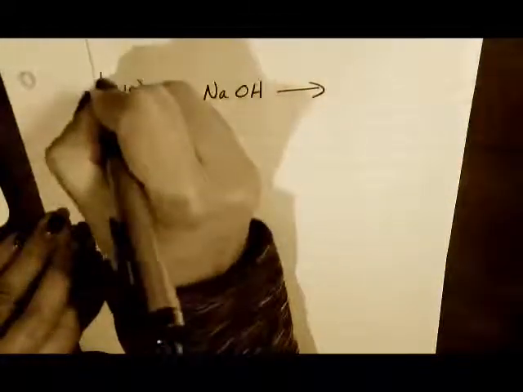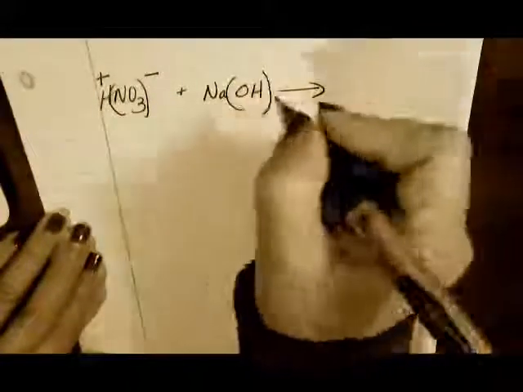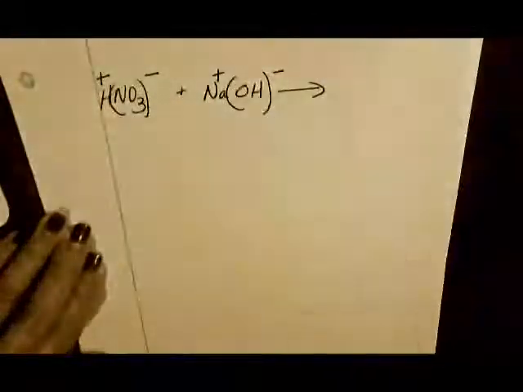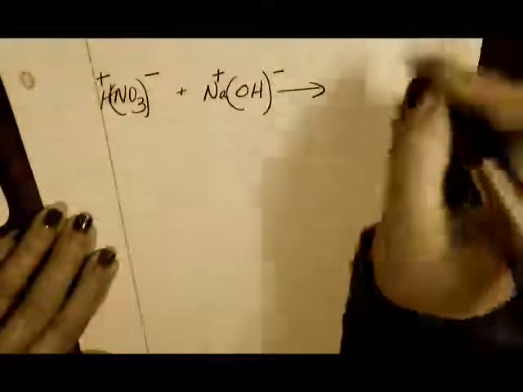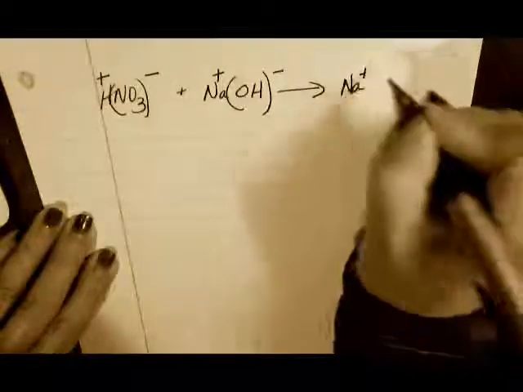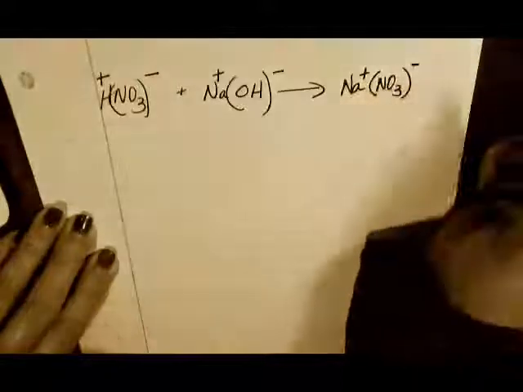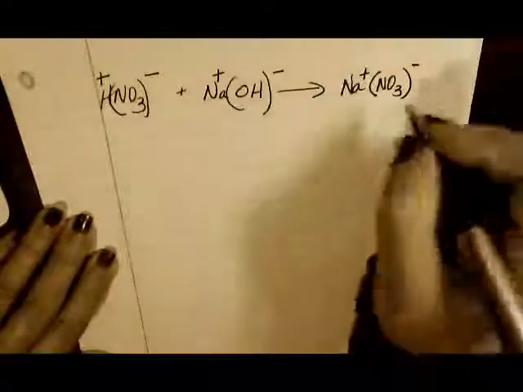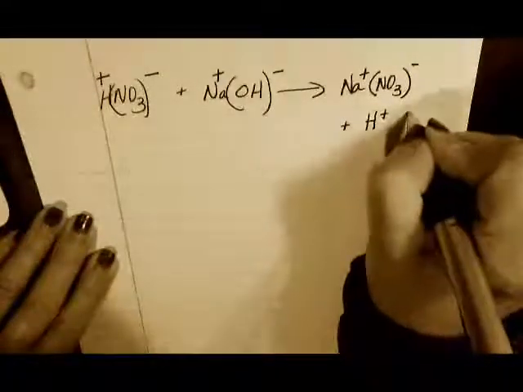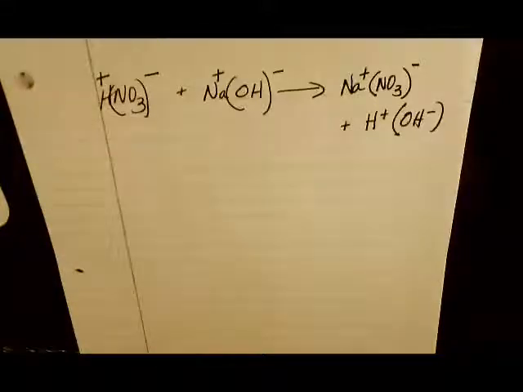We know this is +1, this has to be -1. We know sodium is an alkali metal, +1, hydroxide, -1. Double replace. So sodium is written first because it's positive, goes with the nitrate. And then the H goes with the OH. Balanced. That one's not bad at all.